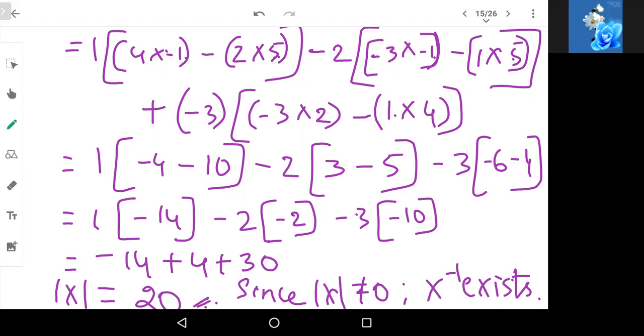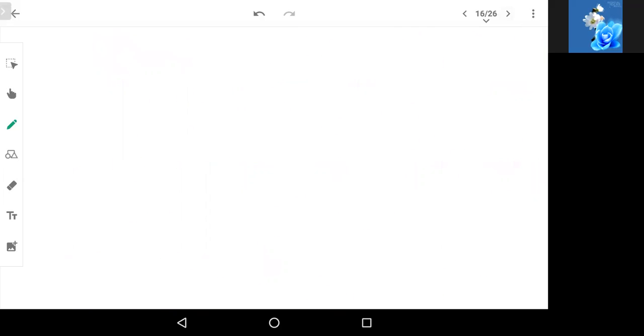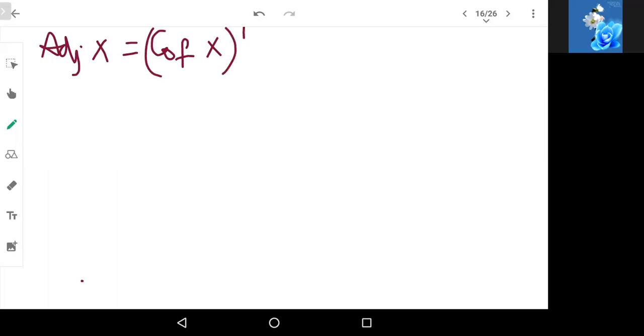Okay. Now, in the next step, what we are supposed to do is find the cofactors. We found the determinant of X. Now, next is adjoint. So, adjoint of X is equal to cofactor of X transpose.